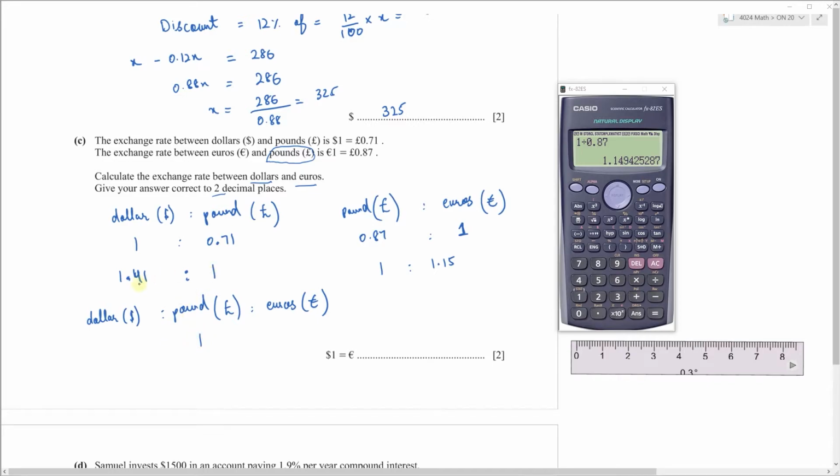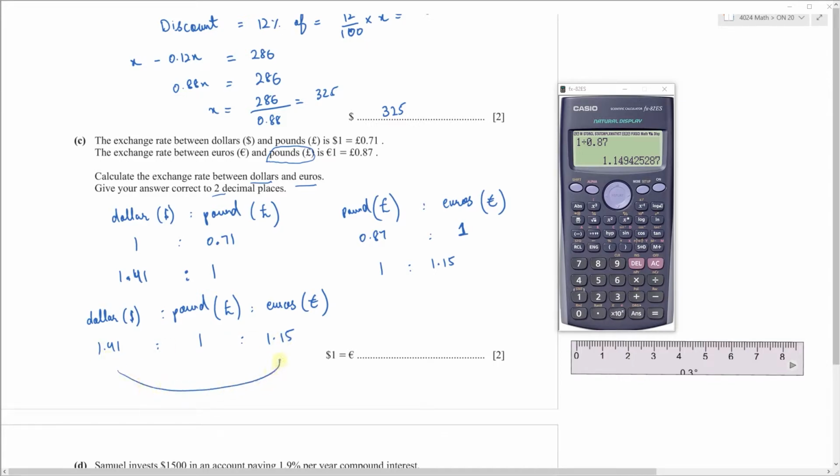So 1 pound is how much? $1.41. And 1 pound is how much? 1.15 euro. So 1 pound equals $1.41 and 1 pound also equals 1.15 euros.